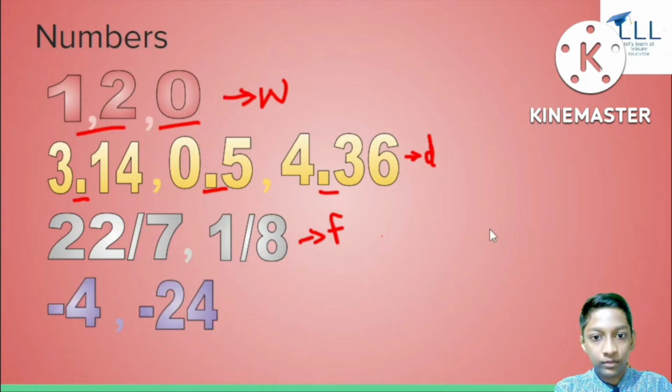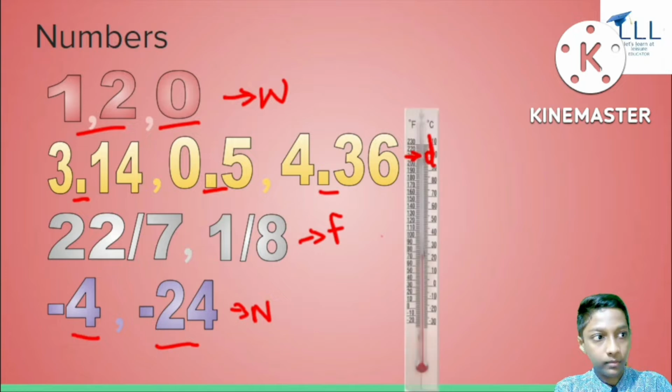Numbers which are prefixed with a minus sign are known as negative numbers, like -4, -24, and so on. For example, negative numbers are used to represent temperatures below 0 degrees Celsius, like -10, -20, and -30.